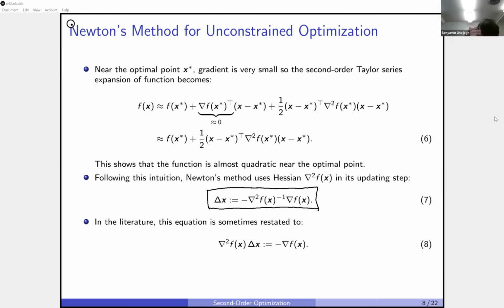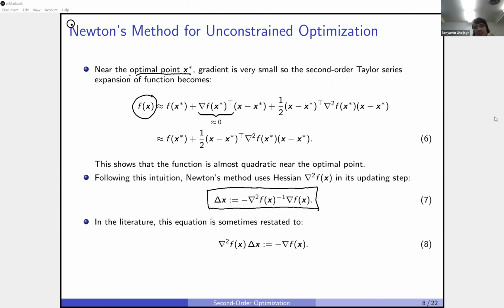So it's justified in this way. We can write the second order Taylor approximation of f of x around the optimal point. Assuming it is a convex function, we know that there is some x star, and around that, f of x star plus gradient of f of x star times x minus x star, and this term.